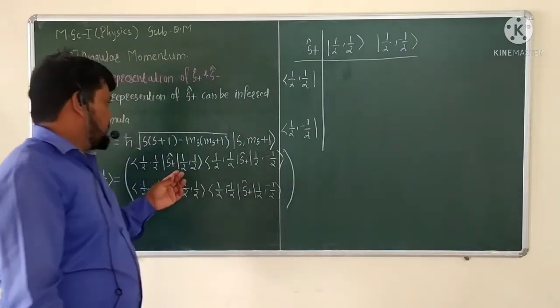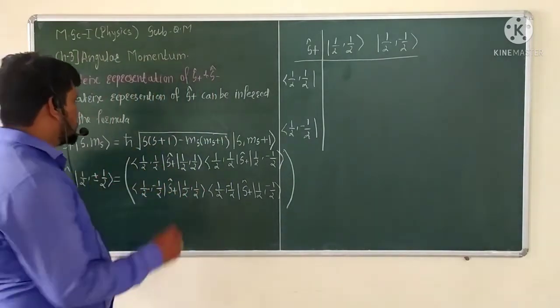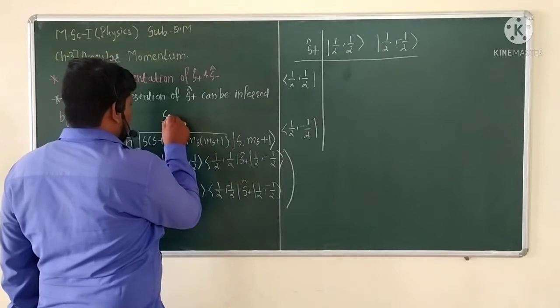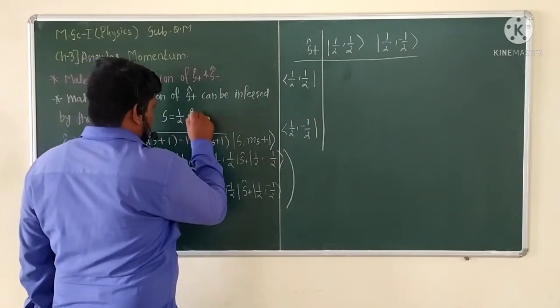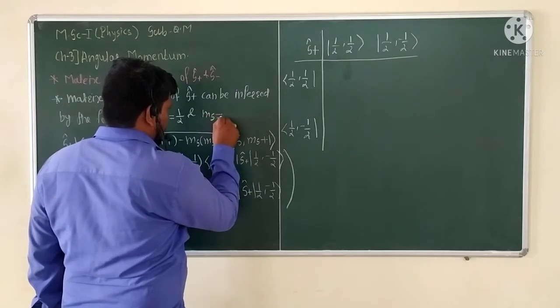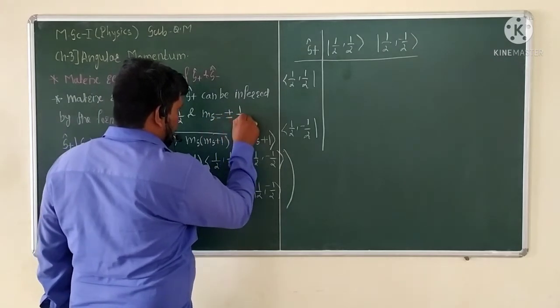We have to know that the spin value is S equal to half and ms is equal to plus or minus half.